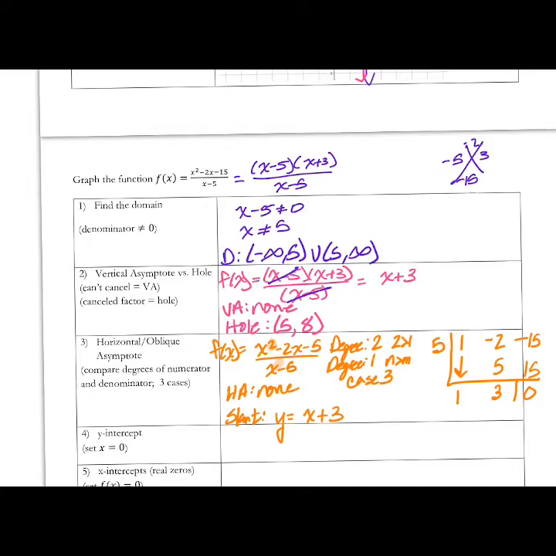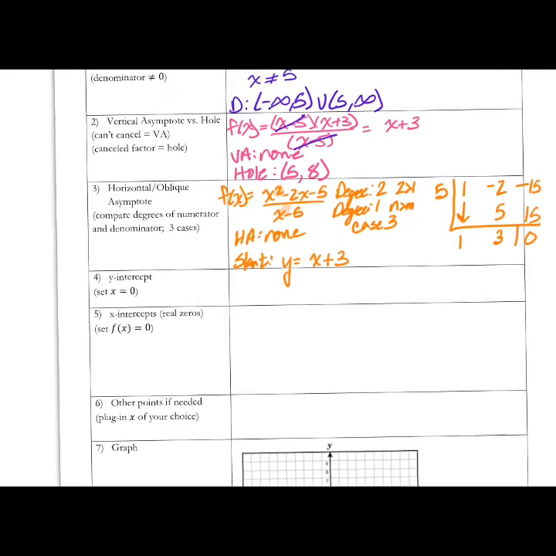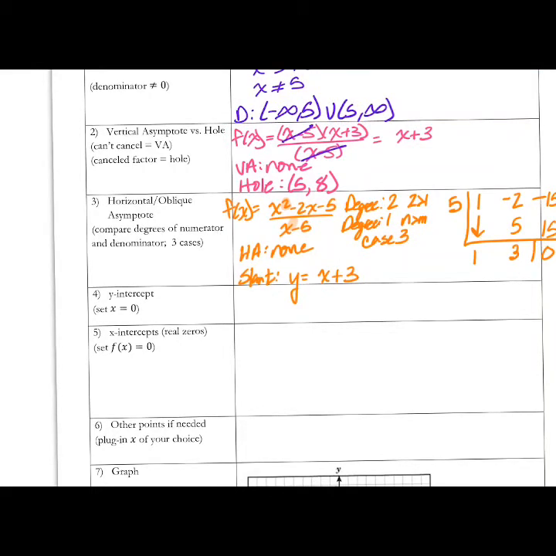All right. So here we go on to the next one, which is the y-intercept. For the y-intercept, I'm going to do f of 0, and I'm going to put it into my simplified one, which is 0 plus 3, which is 3. So my y-intercept is 0, 3. Okay?